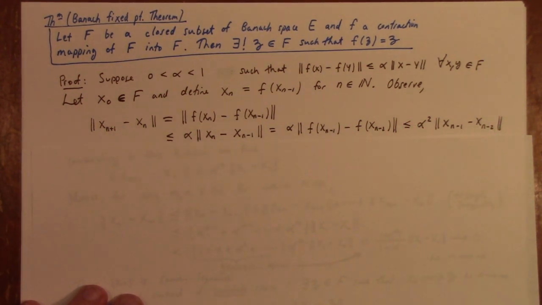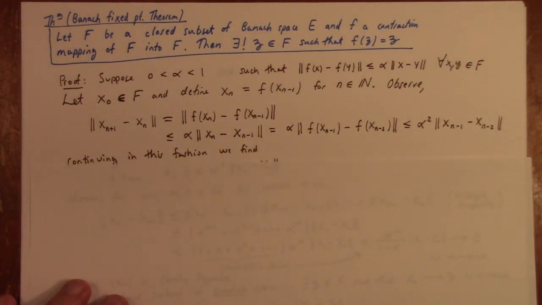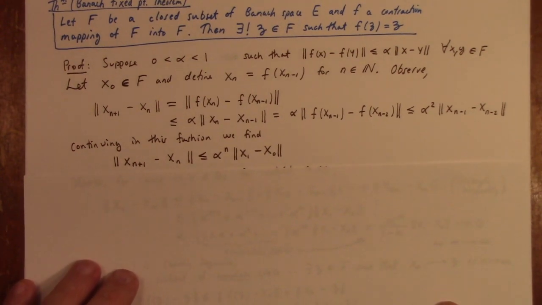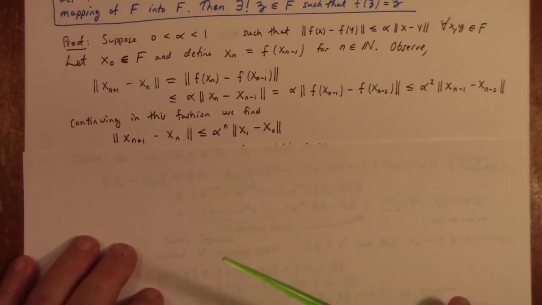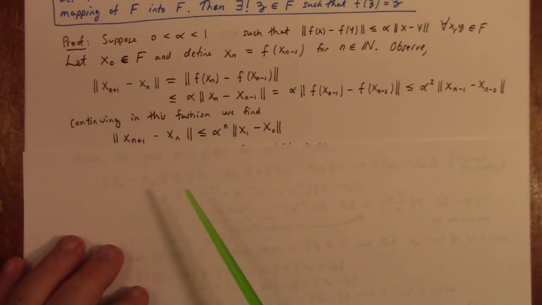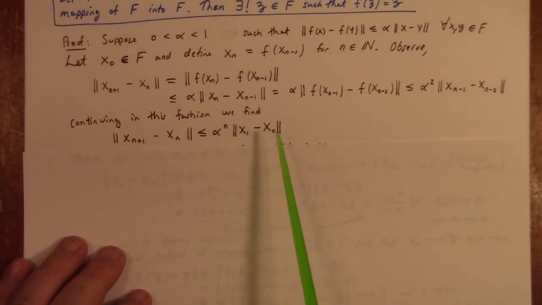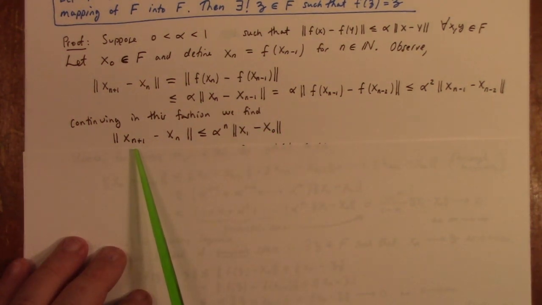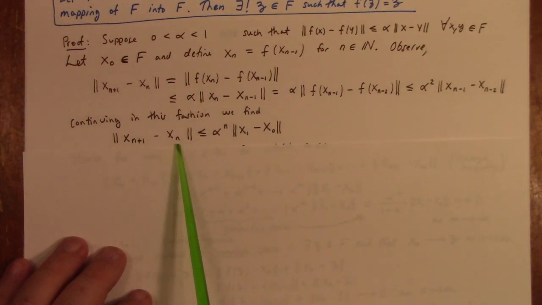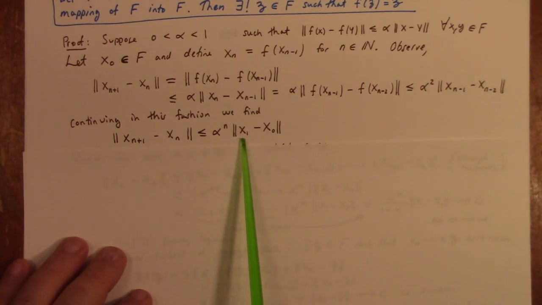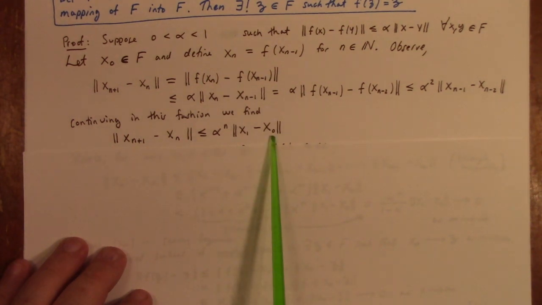Once you do this twice, you realize you can keep doing it, continuing in this fashion. You could supply a formal induction there if you wanted to get all rigorous, but let's stay on point, because everybody can do the induction. So the norm of x_{n+1} minus x_n is at most alpha to the n times the norm of x_1 minus x_0.